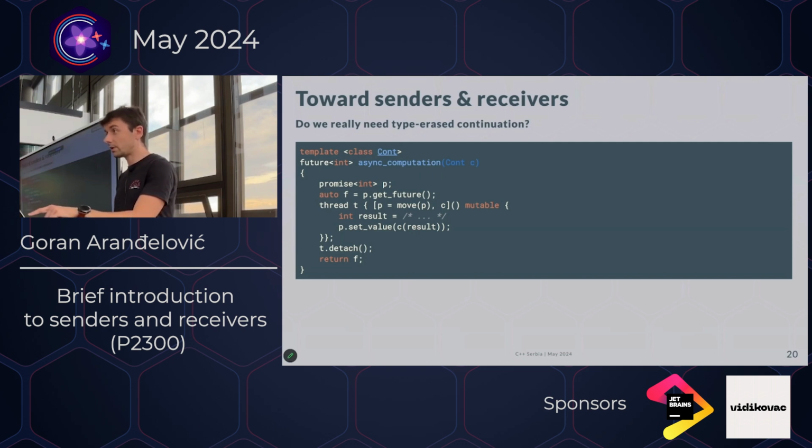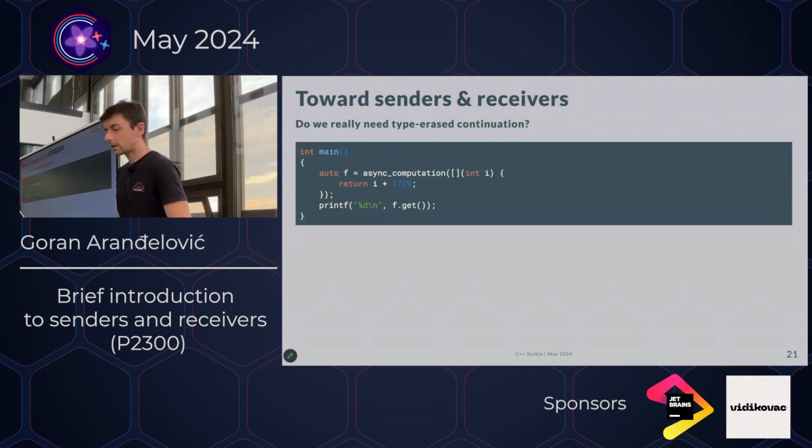So what is different from the first example is that now we immediately, even though we didn't start our async computation yet, pass what will be the next continuation, right? And then before setting the result, if you see that line with the set value, we will first call the continuation, right? And then we will set the value.